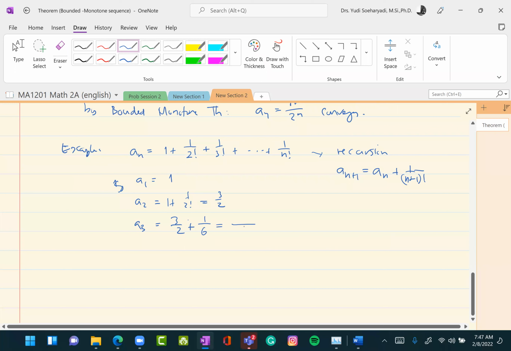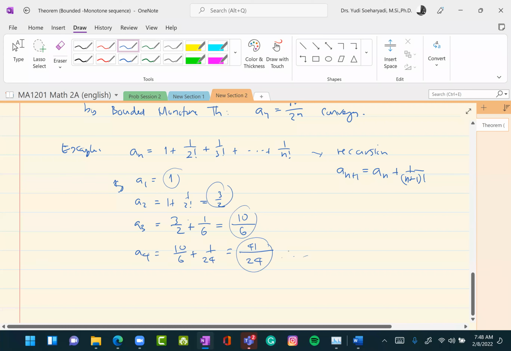Okay, a4 is plus 1 over 4 factorial. So you can compute 24. But looking at the sequence, it's kind of complicated.